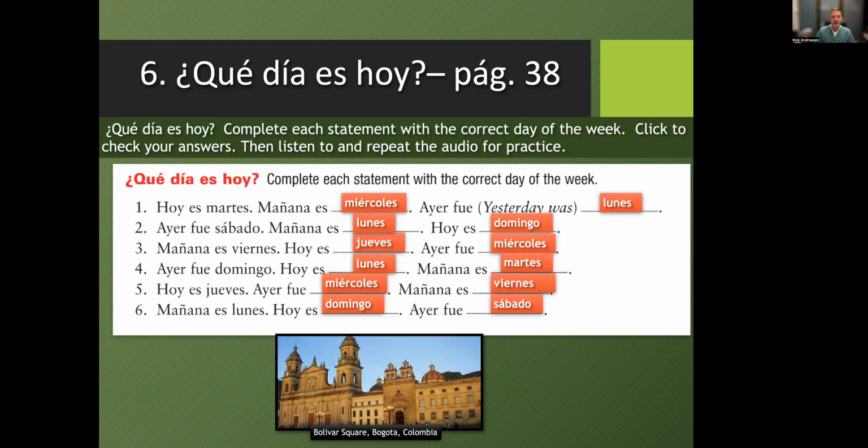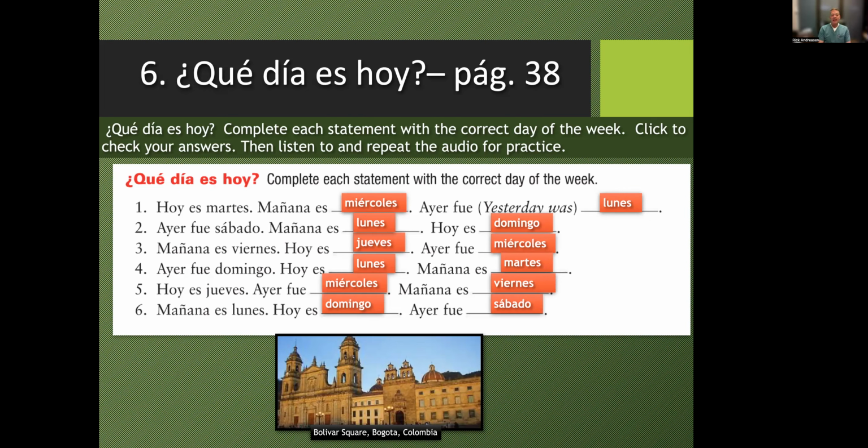So clase, repitan. Hoy es martes. Mañana es miércoles. Ayer fue lunes. Número 2. Ayer fue sábado. Mañana es lunes. Hoy es domingo. Número 3. Mañana es viernes. Hoy es jueves. Ayer fue miércoles.